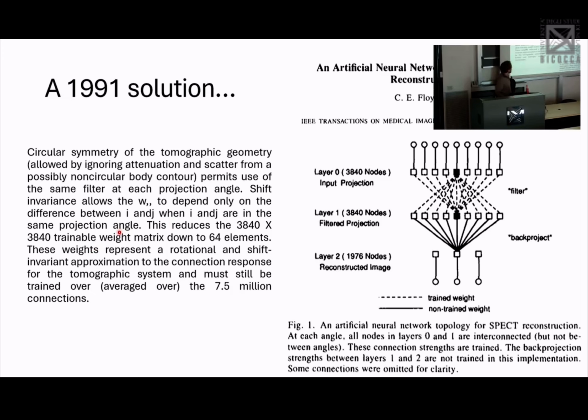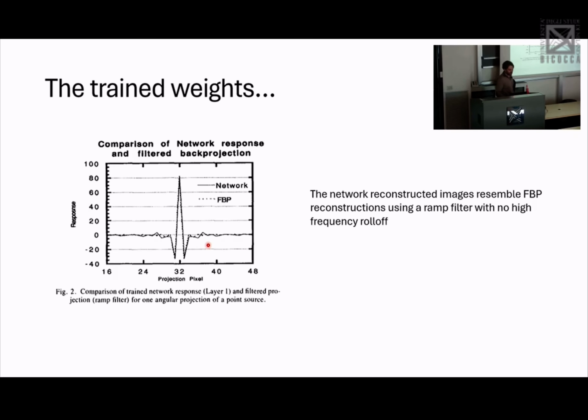And then he started thinking about all the symmetries in his problem. He said, OK, I'm going to reduce the 38,400 times the same weight down to 64 elements. So he was saying, by exploiting the symmetries of my problem, like convolutional neural networks do, I can just learn the weights of this neural network and use a multi-layer perceptron to do the reconstruction.